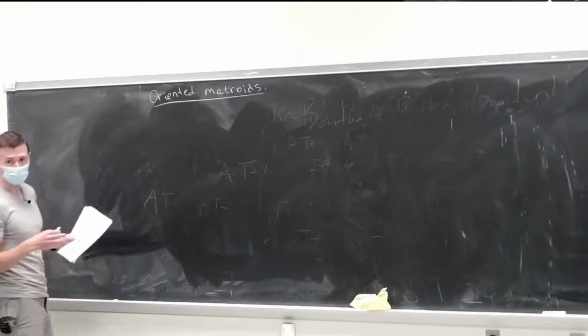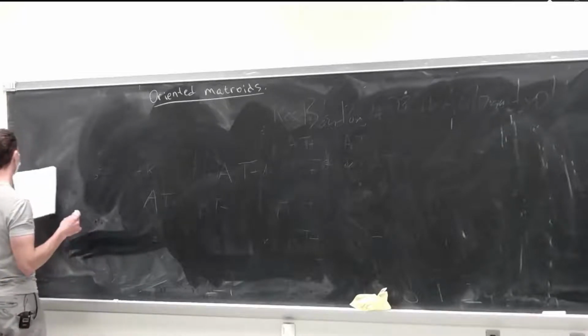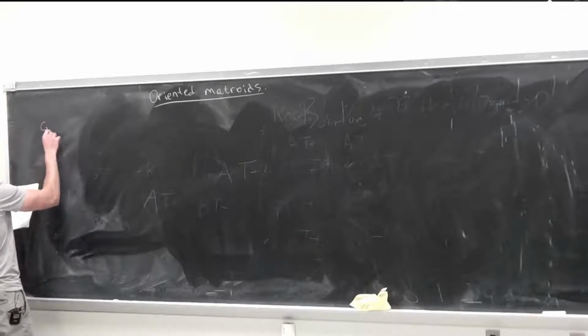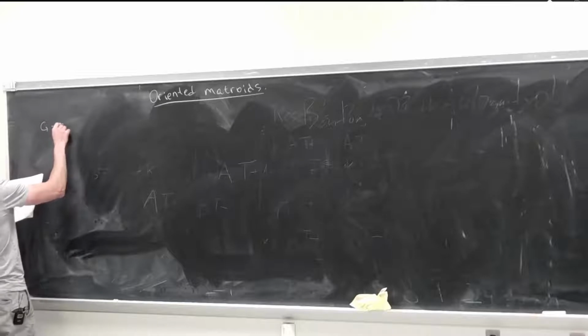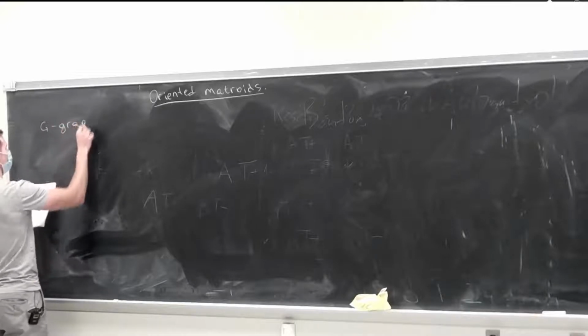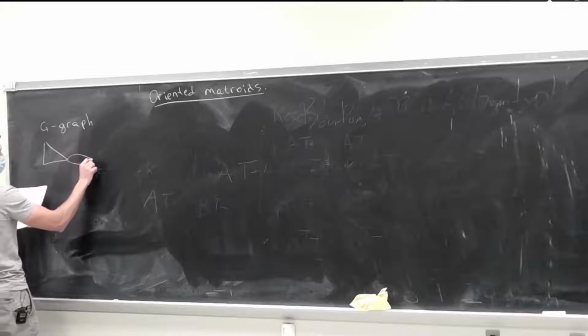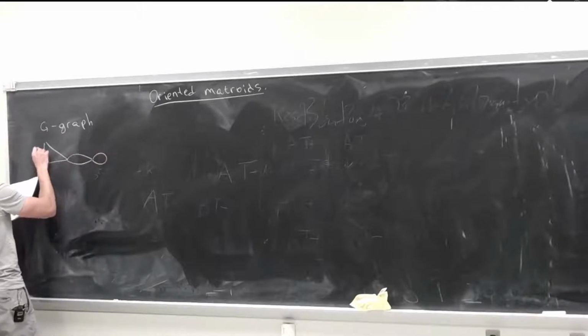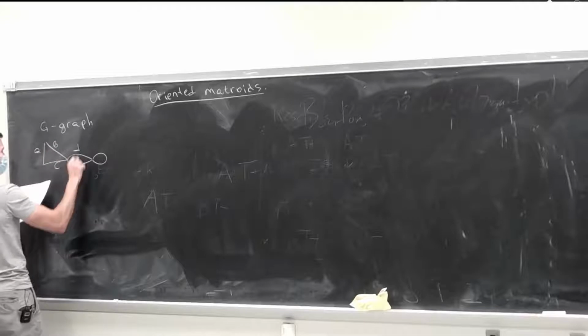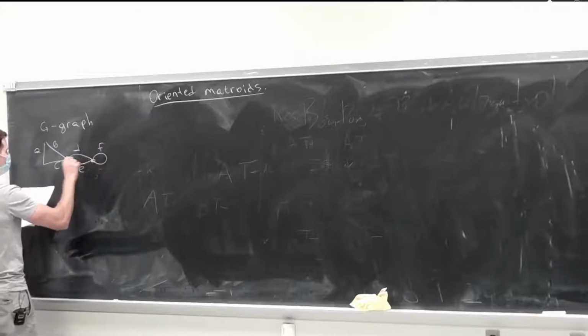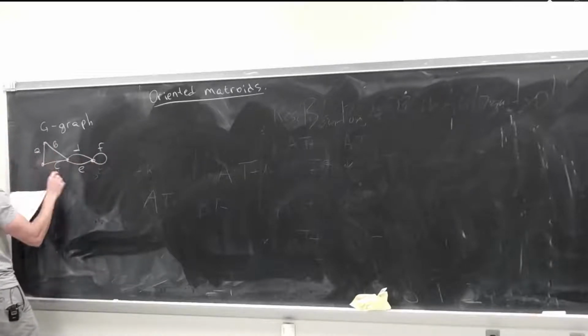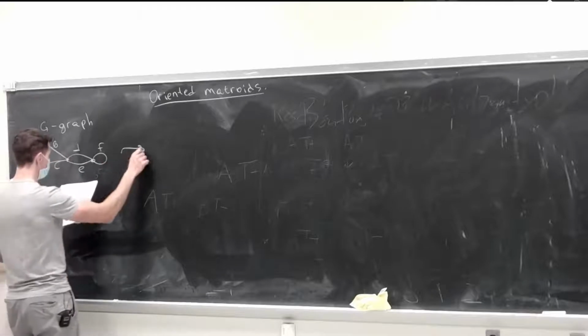So what is an oriented matroid? First of all, if I take a graph, maybe something like this, with vertices A, B, C, D, E, F, then I can construct the oriented matroid.